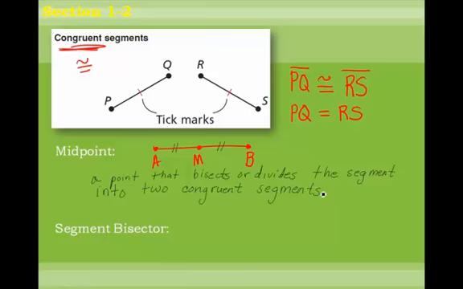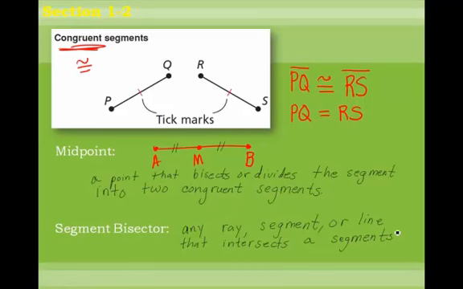We also have the concept of a segment bisector. Now, to bisect something usually means to divide it in half. So we have a point being the midpoint, but you can have any ray, segment, or line that divides, or that intersects, a segment, and now here's the word divides, at its midpoint.